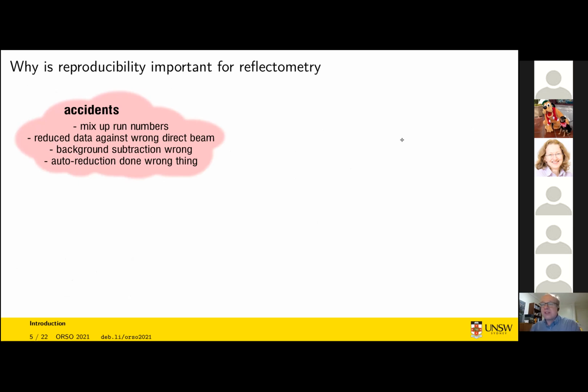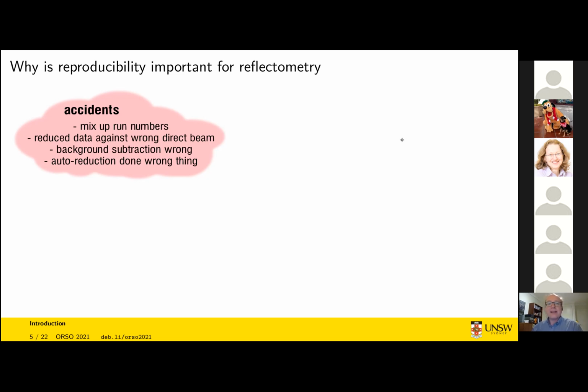Now, one of the most simple aspects of wanting to have a more transparent and therefore more reproducible workflow for the reduction and also for the analysis is to prevent things that are just simple accidents. So every single neutron reflection experiment tends to generate lots of files with fairly cryptic 6 or 8-digit file numbers, and some people find those run numbers most edifying and love living in this 8-digit world.